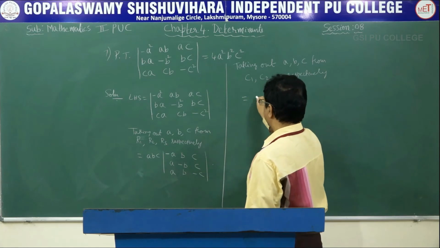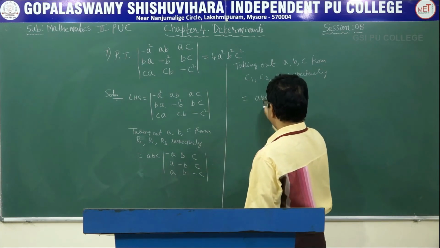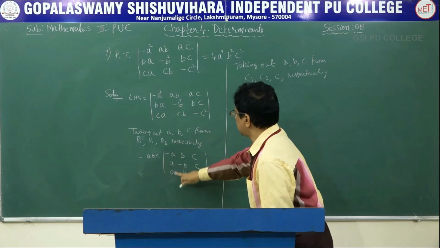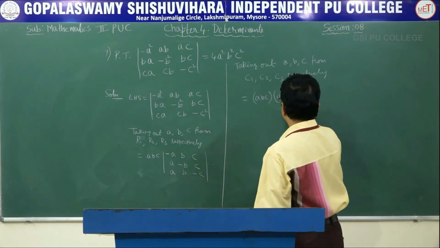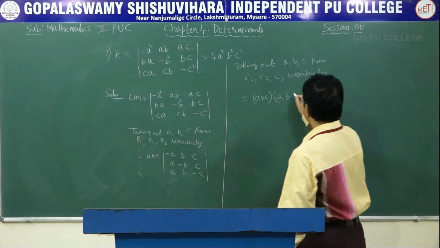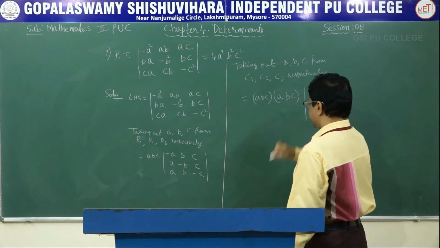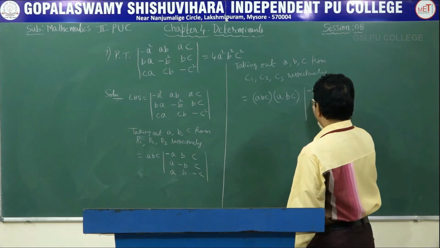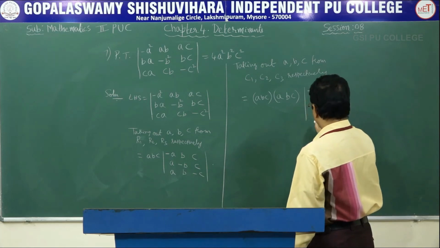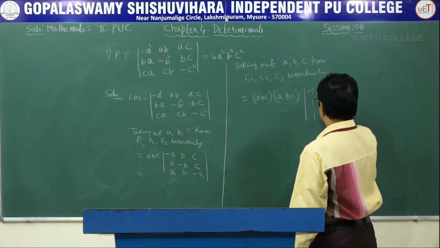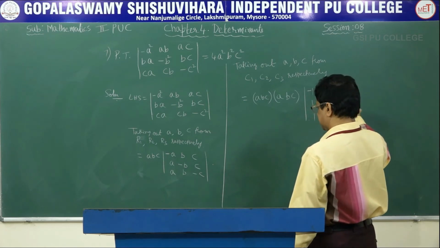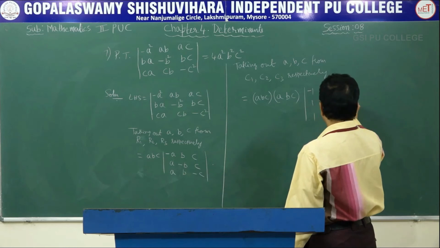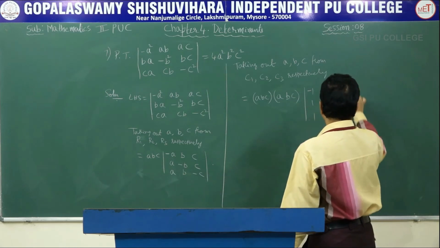So, that will be equal to ABC into determinant of minus 1, 1, 1, 1, minus 1, 1, 1, 1, minus 1.